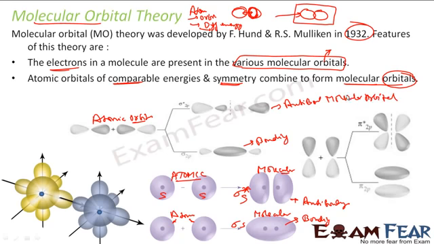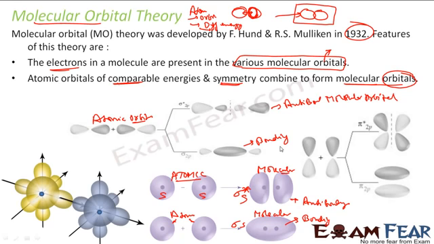So atomic orbitals of comparable energy and symmetry form molecular orbitals, and once you have molecular orbitals, you fill electrons in them as if you are filling electrons in an atom. I'll explain those things; we will take two examples. Just understand that it talks about molecular orbitals.